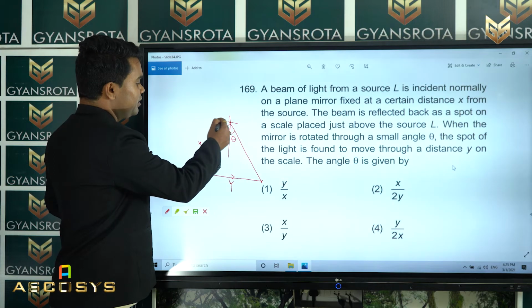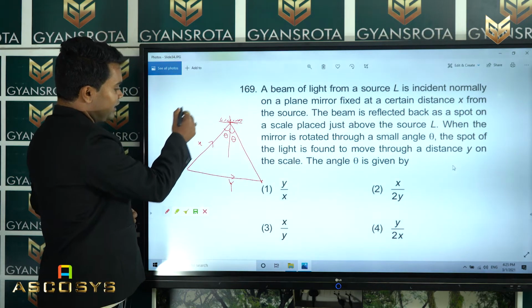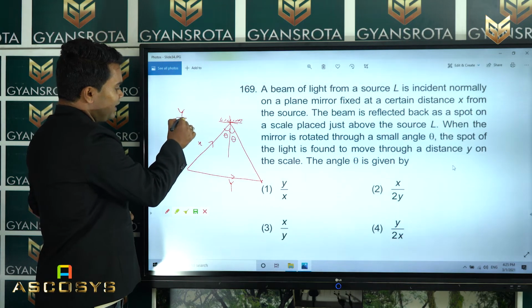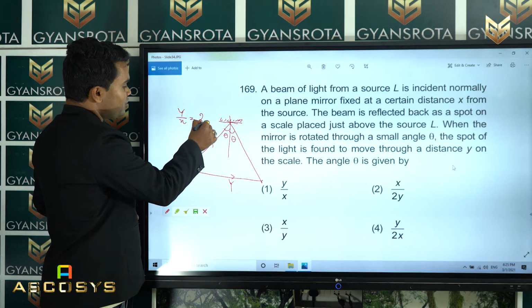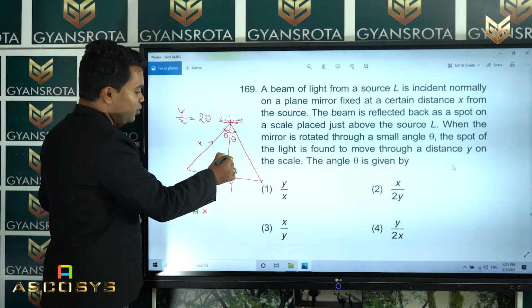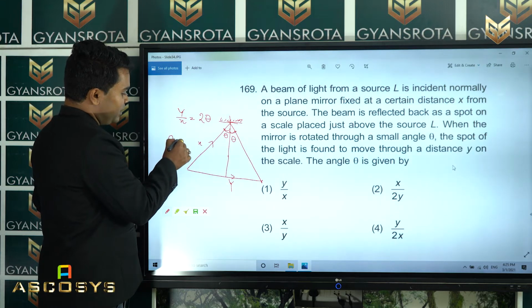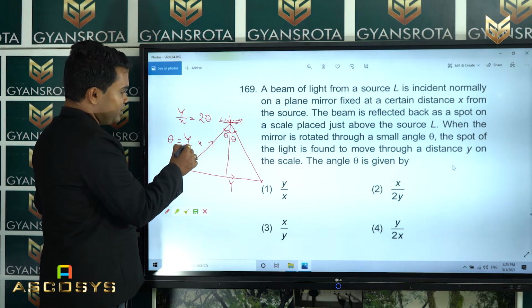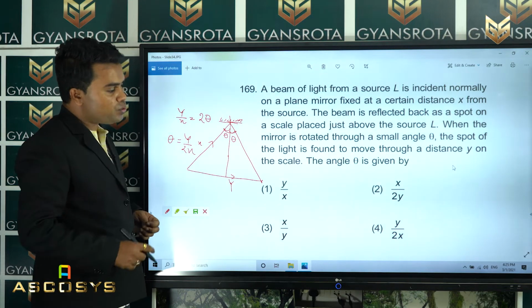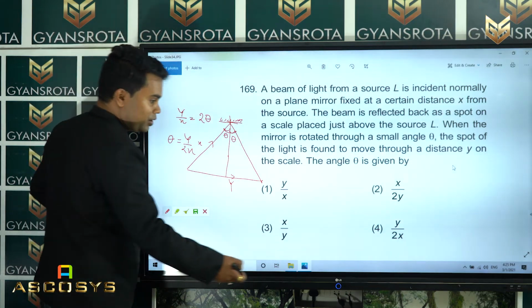So y by x will be equal to twice of theta, since theta plus theta is twice theta. So your theta will be equal to y by 2x. So y by 2x will be the right answer. If you see, option number 4 will be correct.